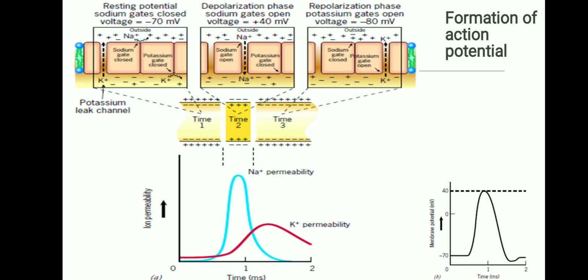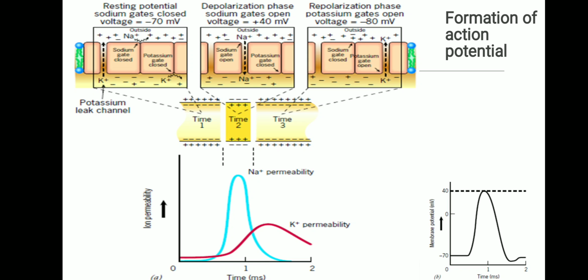If the membrane of the squid is stimulated, now earlier we talked about the resting membrane potential, and now the action potential. When there is stimulation in the axon, the sodium channels open up, so sodium ions move into the cell. This reduces the membrane potential, because positive ions are coming in.